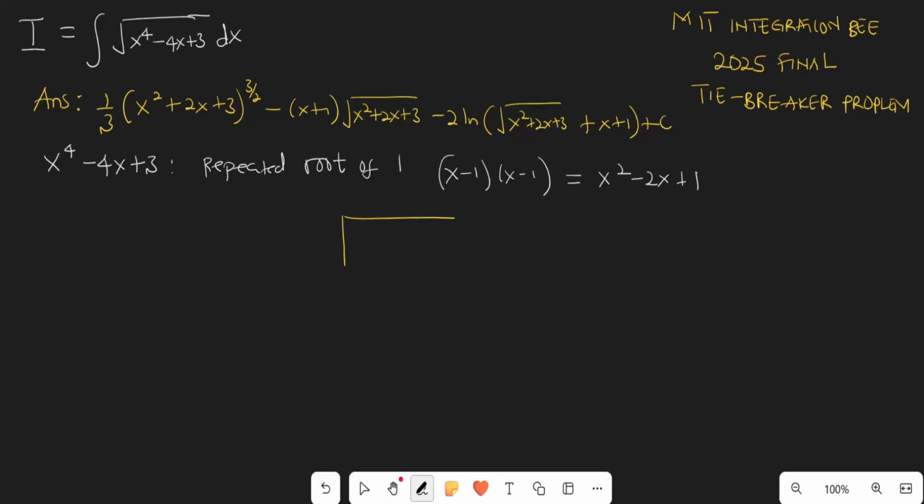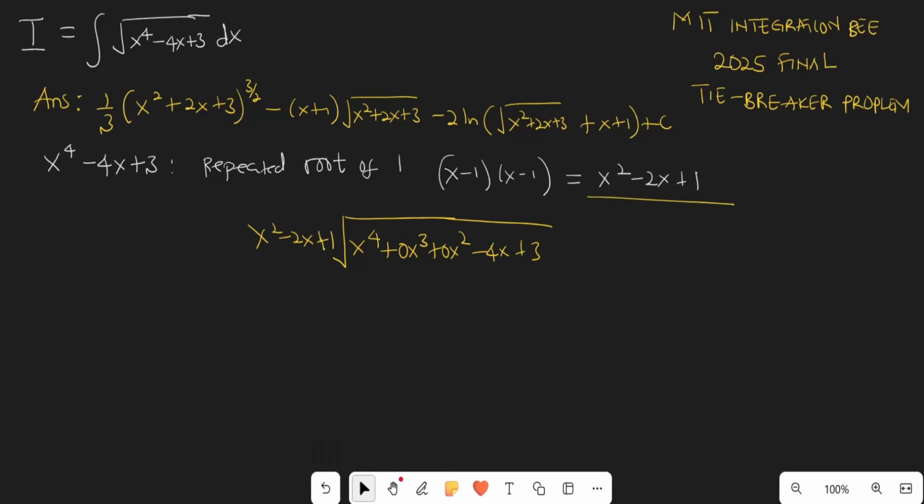So I'm going to divide this polynomial, x raised to the power 4, there is no x raised to the power 3 term, so I'm going to just write 0x to the third plus 0x squared, then minus 4x plus 3. That's the same polynomial. I'm going to divide by its factor, which is x squared minus 2x plus 1.